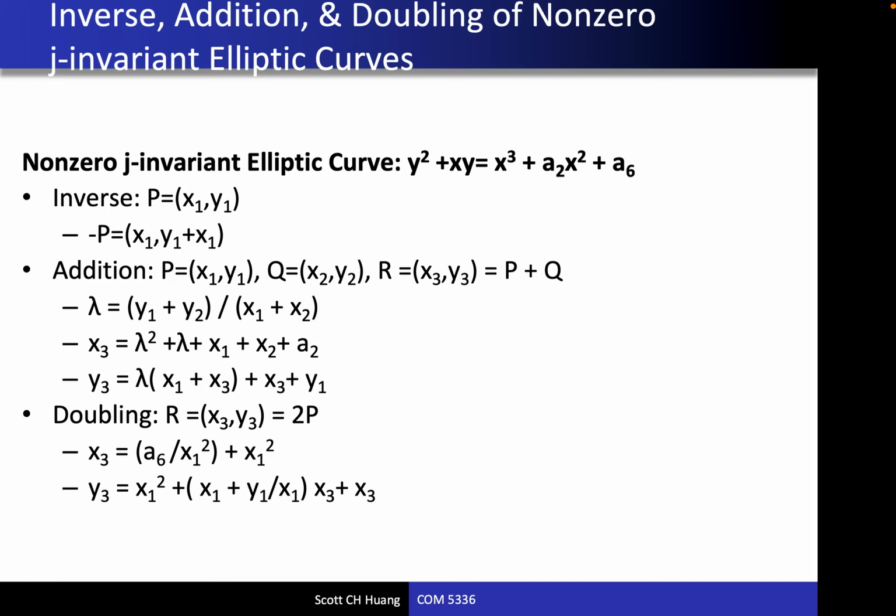If you are interested, you can just feed two real numbers, and then you will see the curve will be tilted because there is an xy term. That's J invariant. All three formulas, the inverse, addition, and doubling, are modified. Obviously, we also eliminate the problem of dividing by 0, so there's no problem at all.